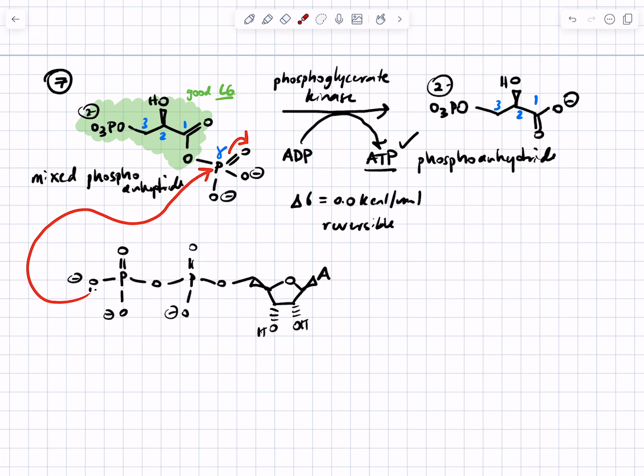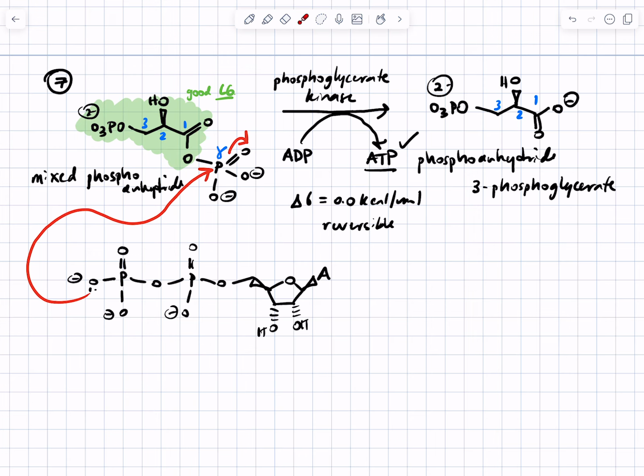In the reverse direction, you'd start with this product, 3-phosphoglycerate, and then phosphoglycerate kinase would transfer a gamma phosphate from ATP to the carboxylate group. You will see this all over in biochemistry. It will irritate you, but you got to sort of suck it up and deal with it. Enzymes are sometimes named for the reverse reaction.